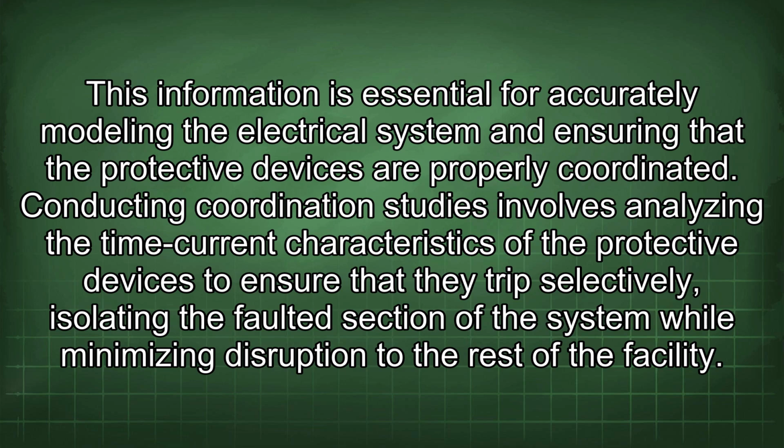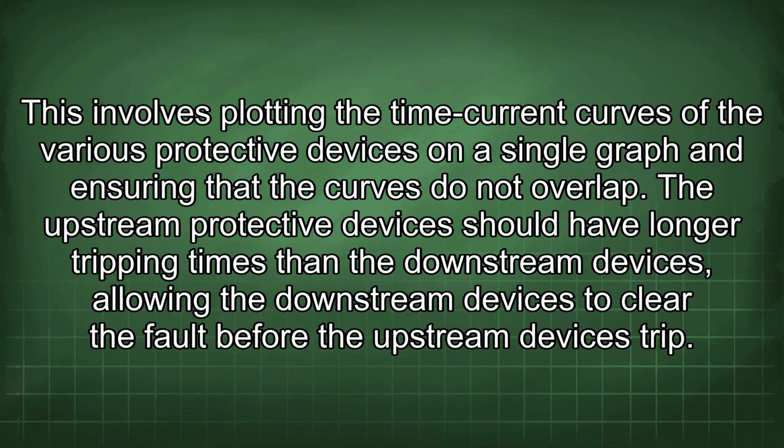Conducting coordination studies involves analyzing the time-current characteristics of the protective devices to ensure that they trip selectively, isolating the faulted section of the system while minimizing disruption to the rest of the facility. This involves plotting the time-current curves of the various protective devices on a single graph and ensuring that the curves do not overlap.